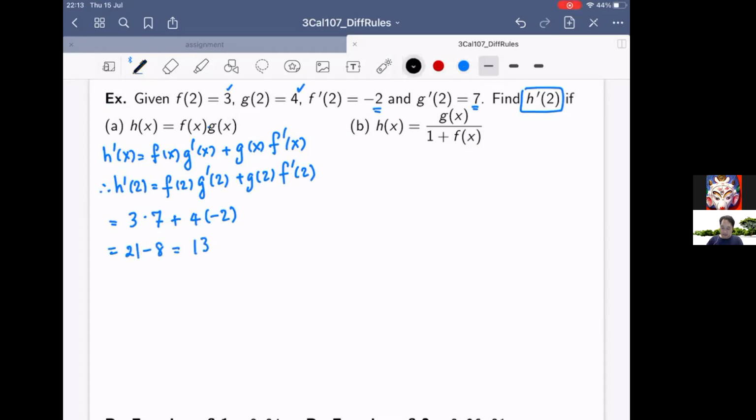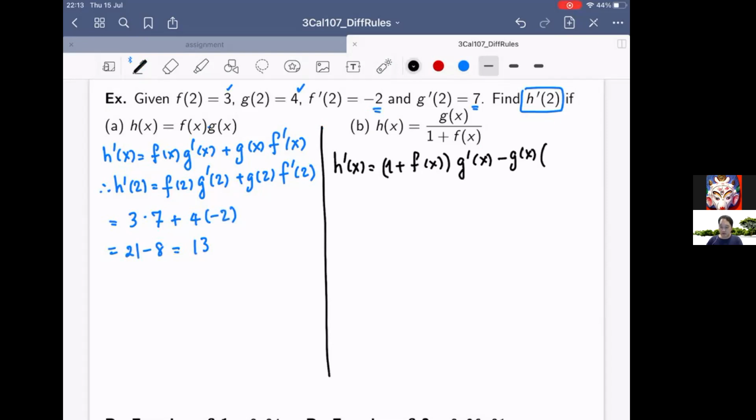Okay, so the next one is a quotient, right? So you find again your h prime, which is the bottom, and then derivative of the top, don't forget a parenthesis, minus the top, derivative of the bottom. So you have to pass the 1 first. So a derivative of 1 is 0, and then this one is f prime, right?